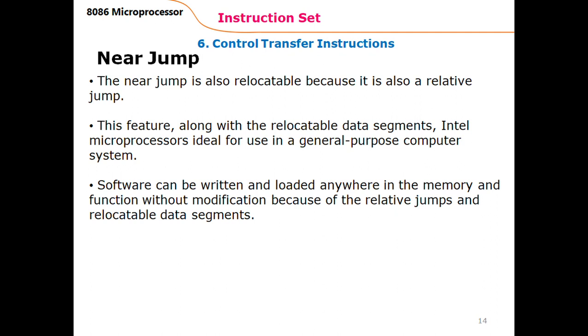This is the success of the Intel family of microprocessors, because software can be relocated from one location to another. Software can be written and loaded anywhere in the memory, and it can function without modification because of the relative jumps and relocatable data segments. Thank you.